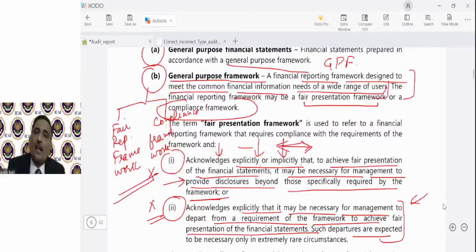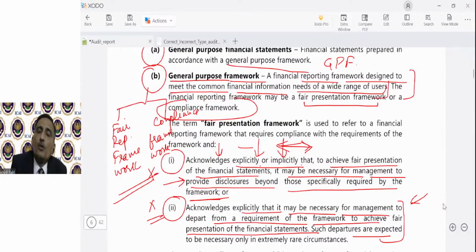So a general purpose financial reporting framework intends to cover the common financial information needs of a wide range of users, not restricted to one type of users. It is not restricted to the use of shareholders alone.